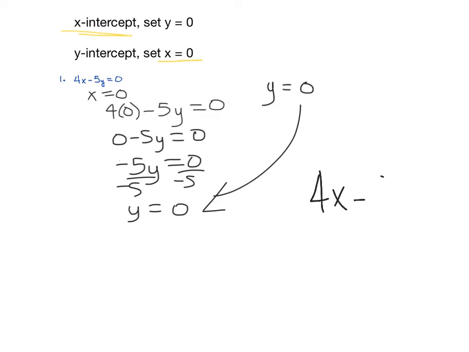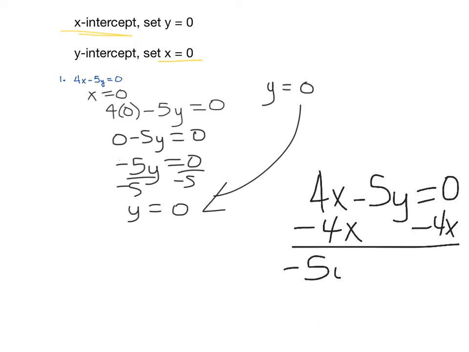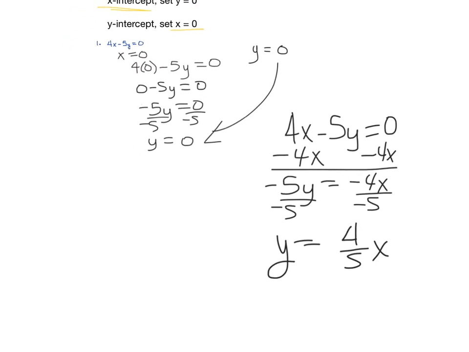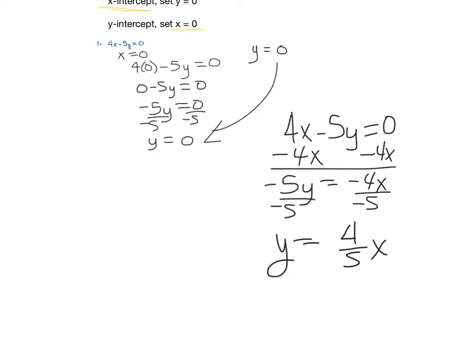However, I can take my equation and put it in slope-intercept form, y equals mx plus b. And notice when I do this, I get y equals positive 4 over 5x. Notice there's no b, because our b was 0, right? Our y-intercept was 0, and so's our x.